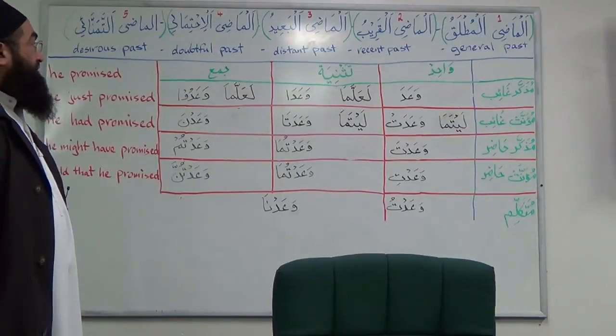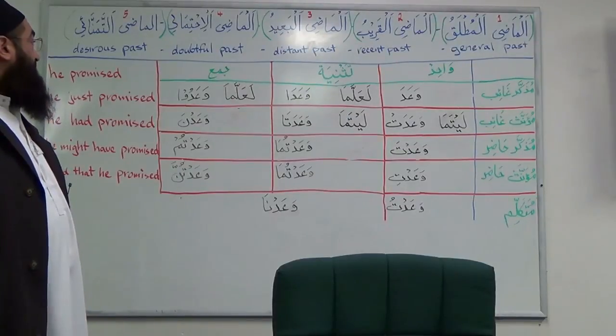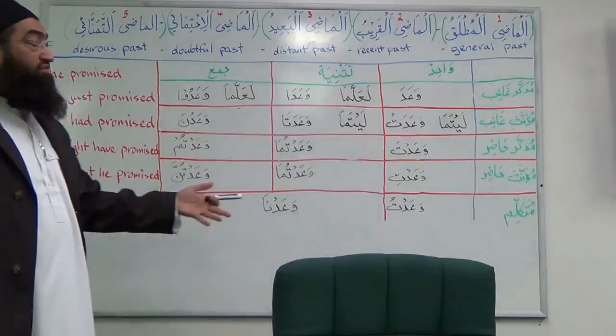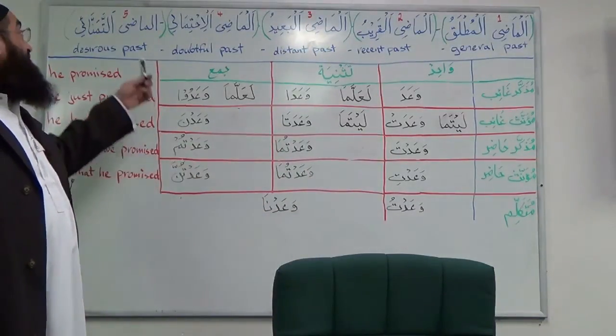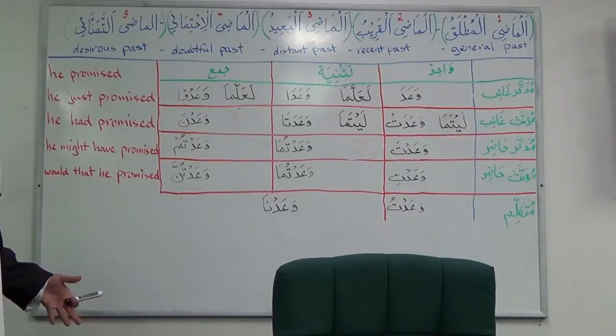Madi ihtimali, it happened in the past, but it's doubtful. He might have promised, so it's doubtful. And then, would that he would have promised, something happening in the past, but it's a desire.